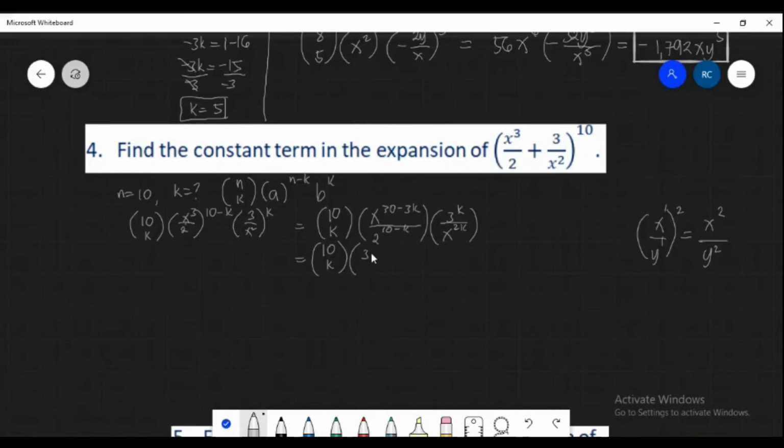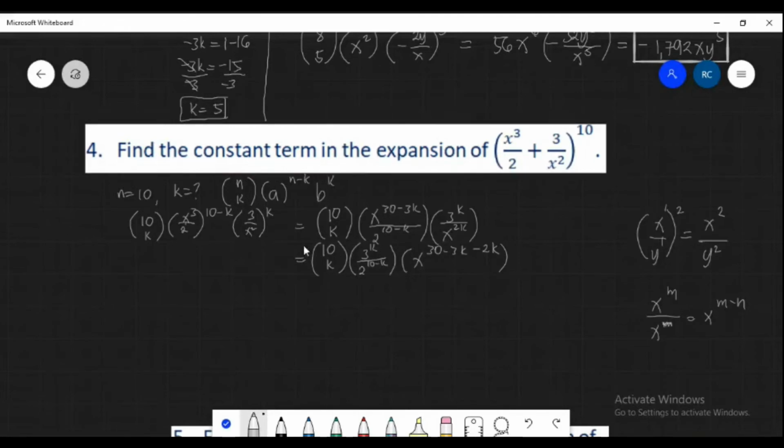Ito yung magiging 3 raised to k all over 2 raised to 10 minus k times x raised to 30 minus 3k minus 2k. Remember yung x raised to n tapos x raised to n, minus lang natin yung exponent. Yung ginawa ko dito, since pareha sila na x, minus ko lang yung 2k. Okay? Klaro po ito, guys? Klaro po?